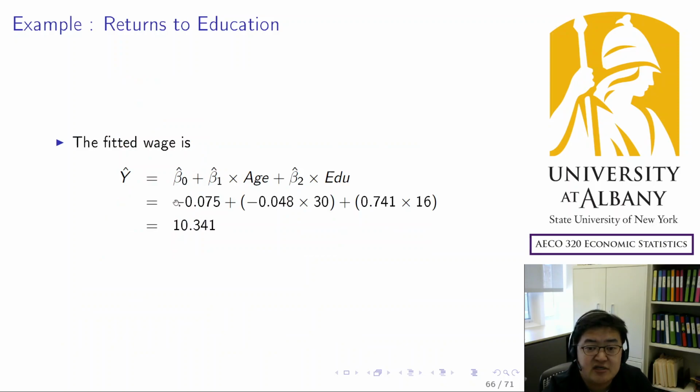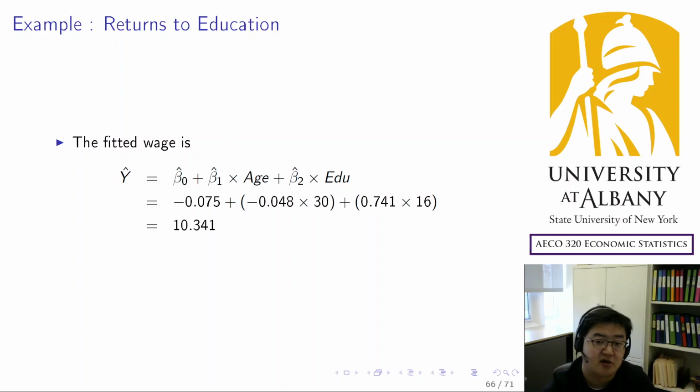So intercept is minus 0.075, and the coefficient of age is minus 0.048, and the coefficient of education is 0.741. So plug in those numbers, with age fixed to 30 and education to 16. Simple algebra will give you 10.341. So prediction is no different.